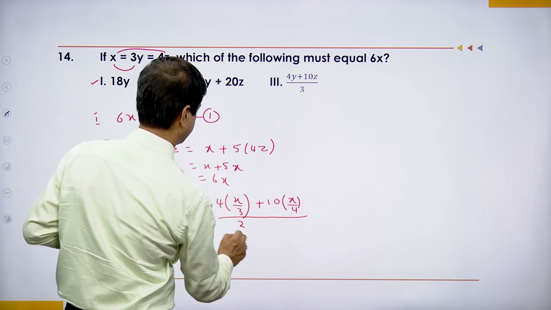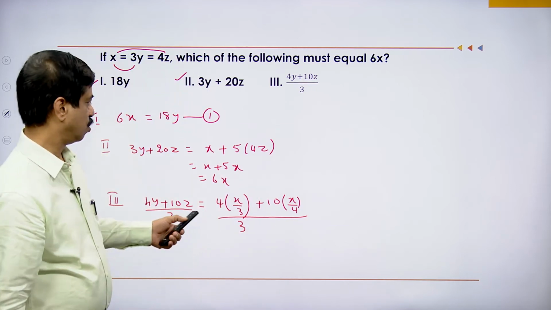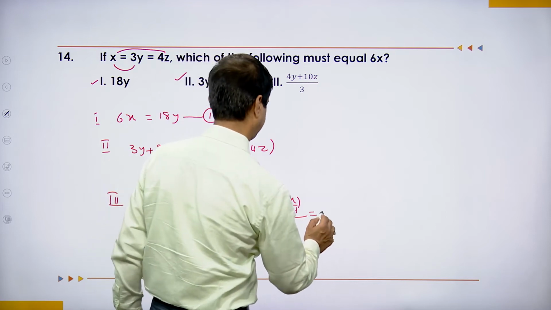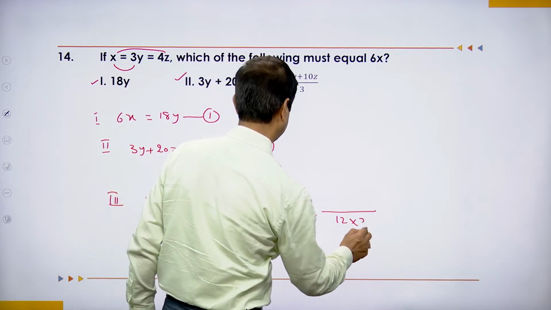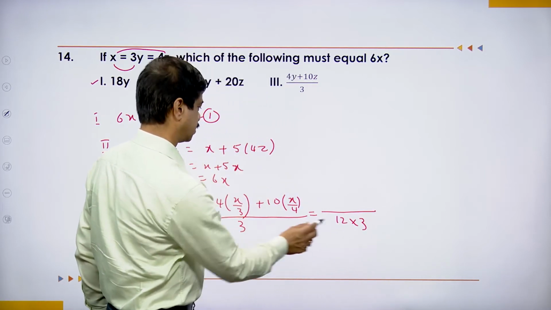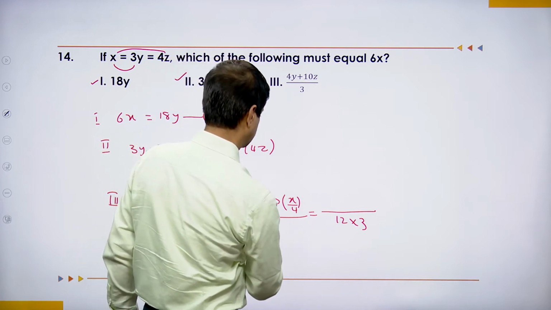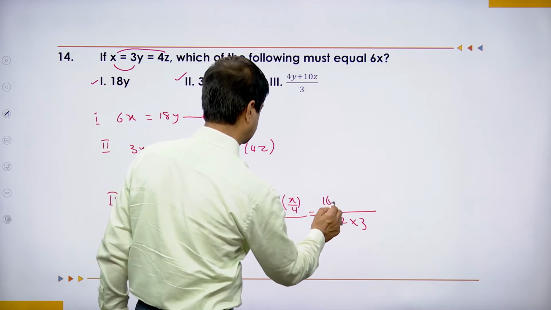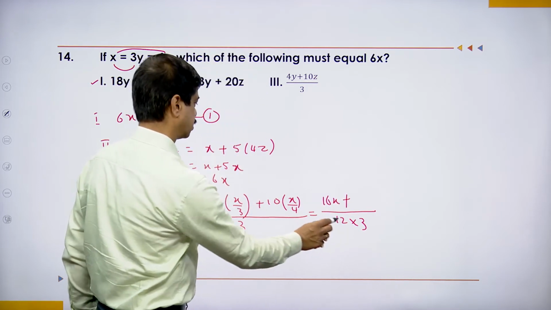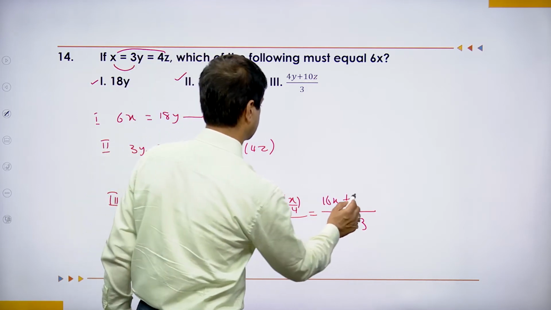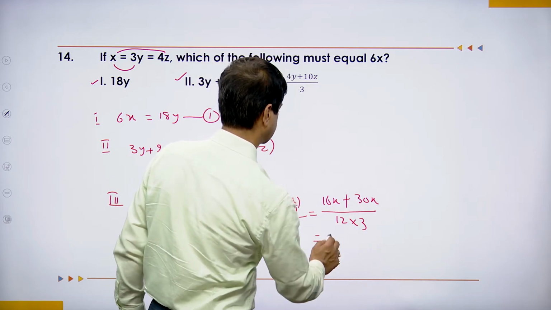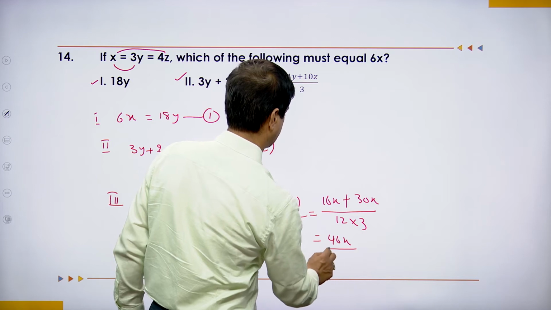If you take LCM, this is 12. 4 cancels 12 3 times, 3 into 4 is 16x. 3 cancels 12 4 times, 3 into 10 is 30x. So this is 46x by 12.